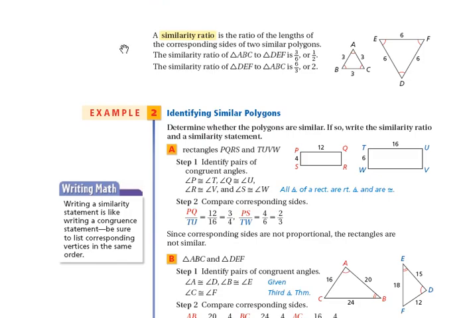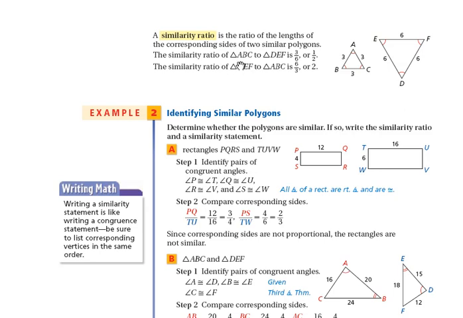So what we have here then is a similarity ratio, which is the ratio of the lengths of the corresponding sides of two similar polygons. So again, you have to be careful how the triangles are written, or how the polygons are set up for you. And we can talk about this sort of ratio here.